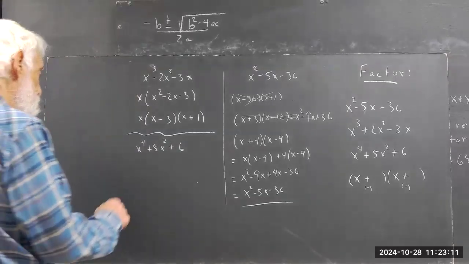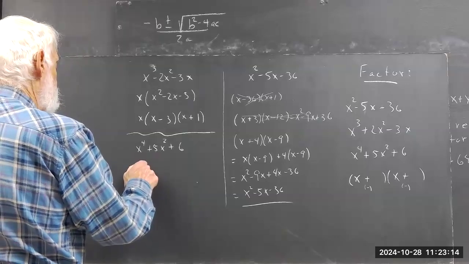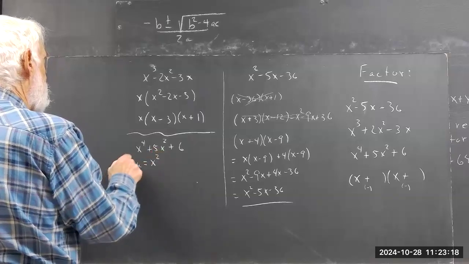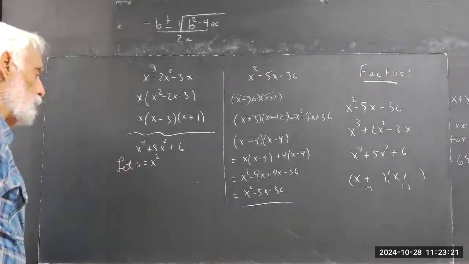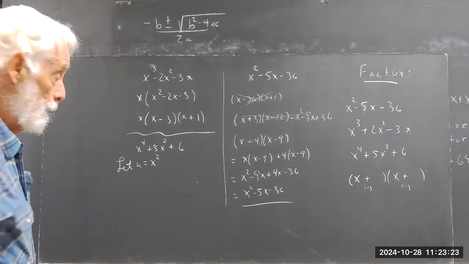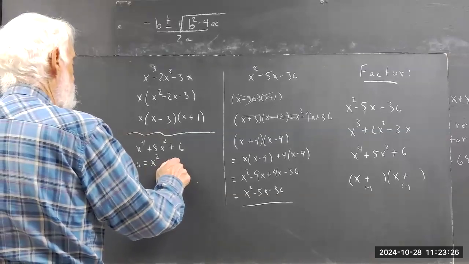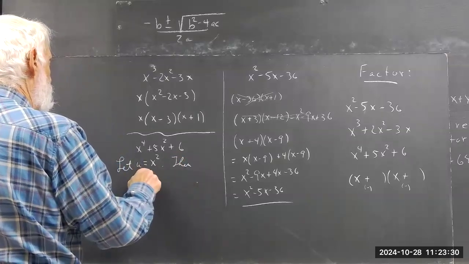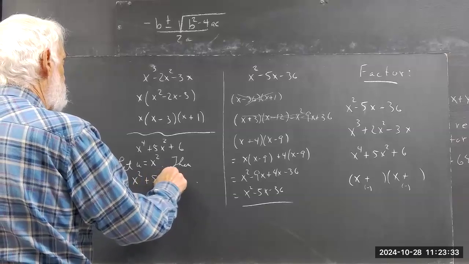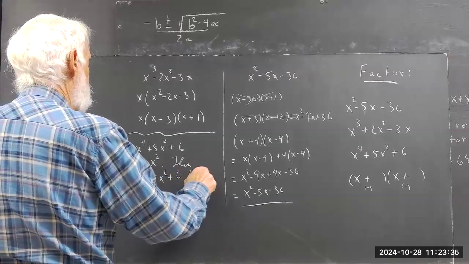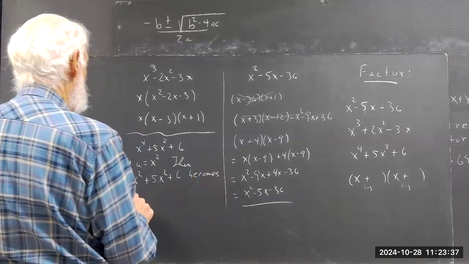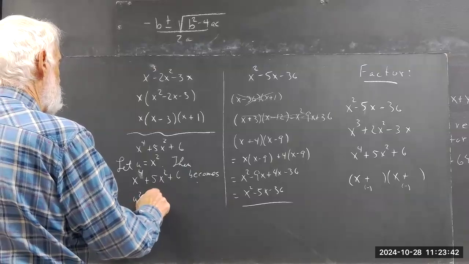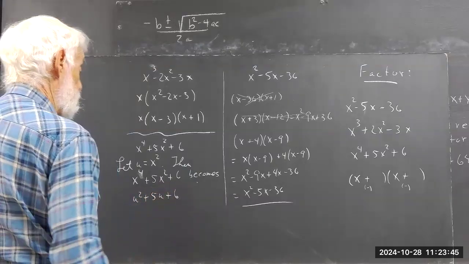Well, I say let, I don't know what symbol OpenMath tells you to use. Let u equal x squared. Then x to the fourth plus 5x squared plus 6 becomes u squared plus 5u plus 6.